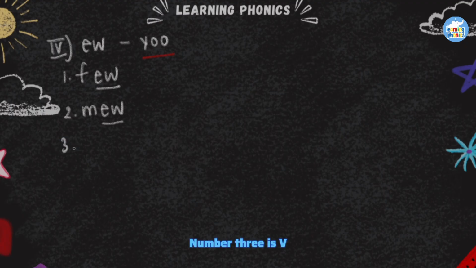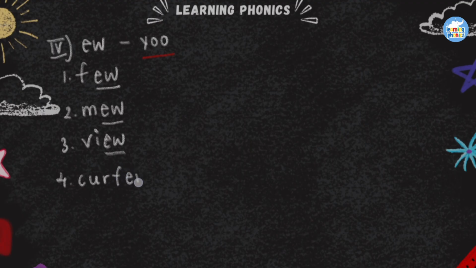Number three is view. EW says the U sound of view. Number four, curfew. EW says the U sound.